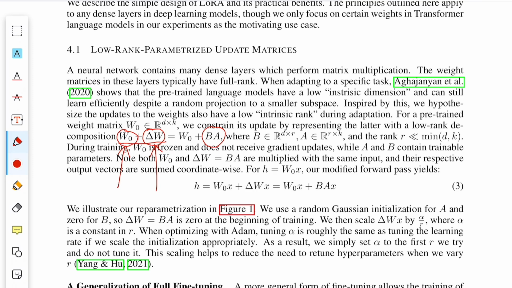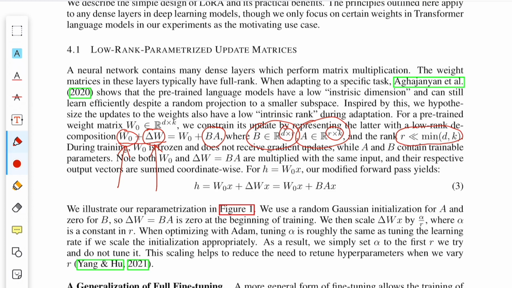As you can see, B has dimension D times R, and the A matrix has dimension R times K, which means they have a rank R, and R is way less than D and K.